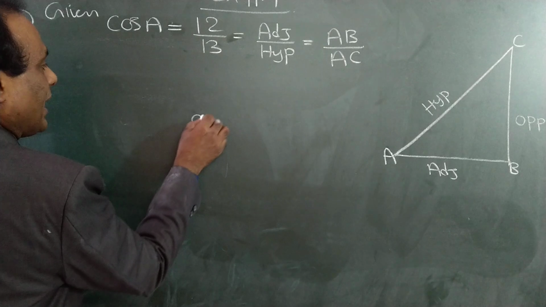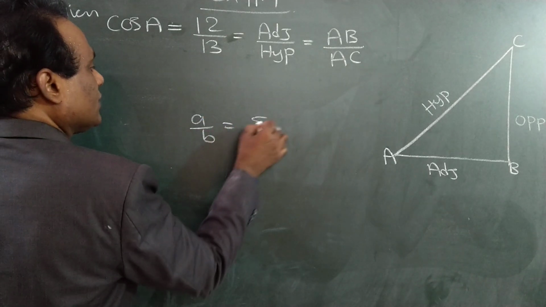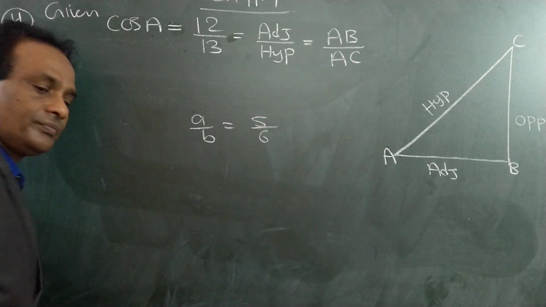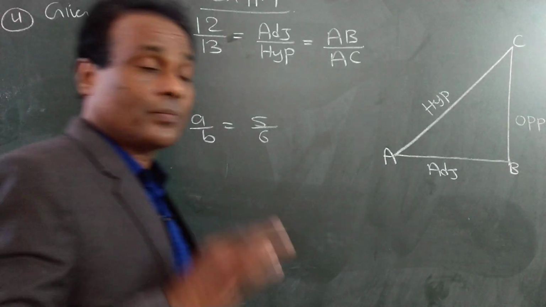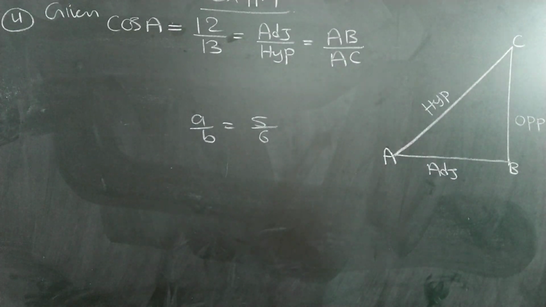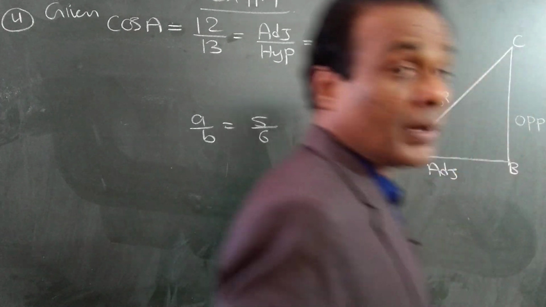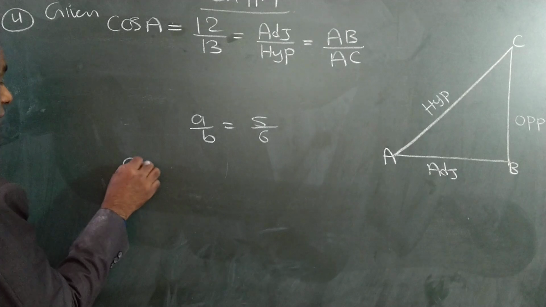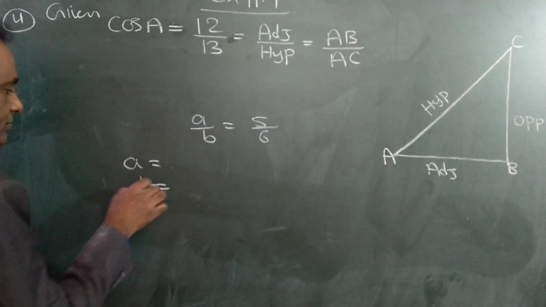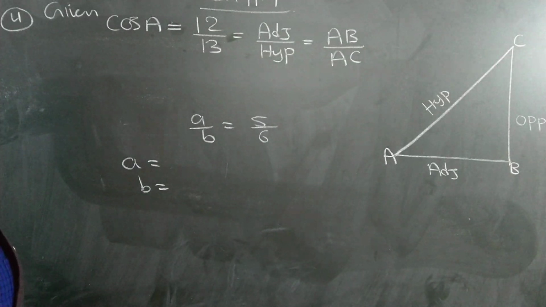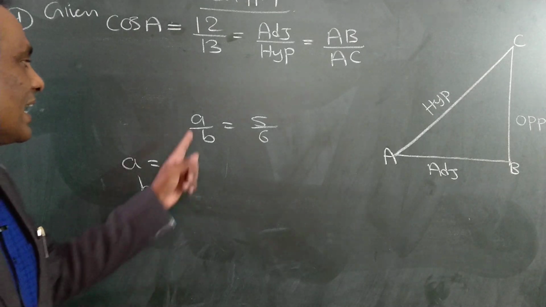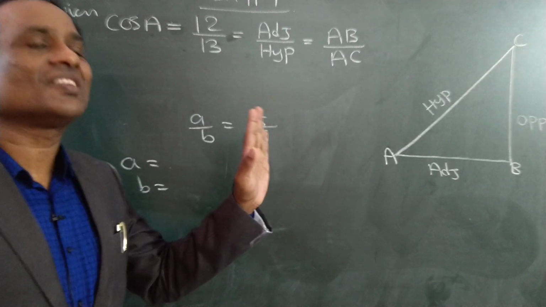Suppose A by B is equal to 5 by 6. My question is, what is A, what is B? Directly saying A is equal to 5 and B is equal to 6 is not proper.